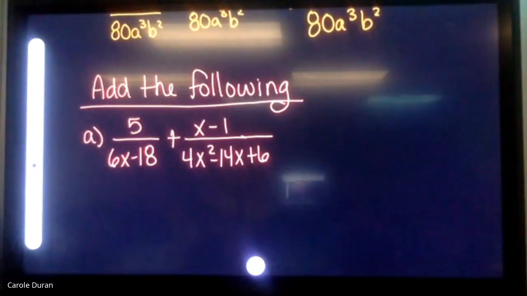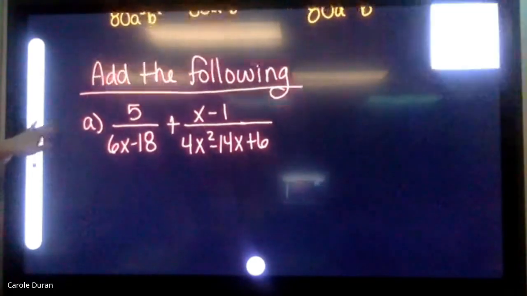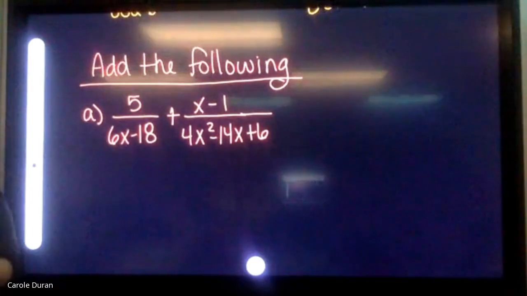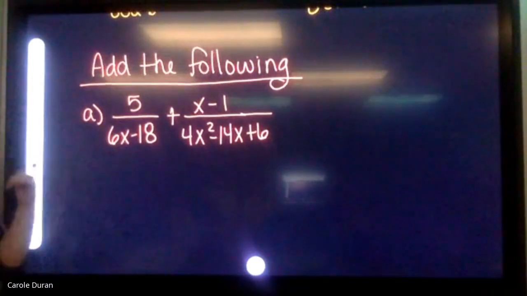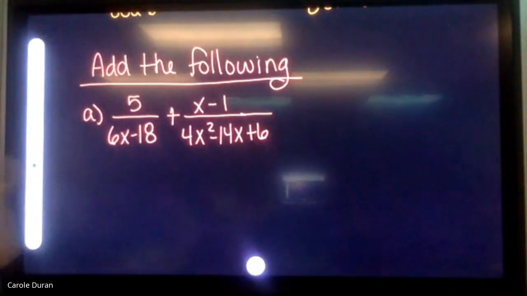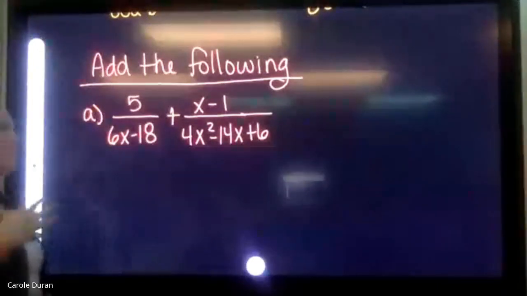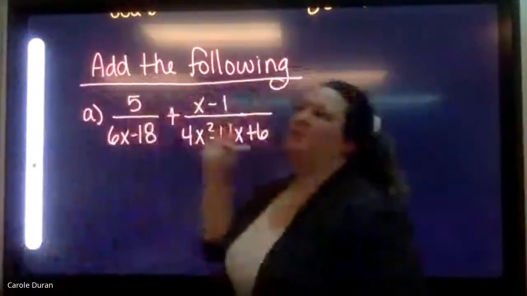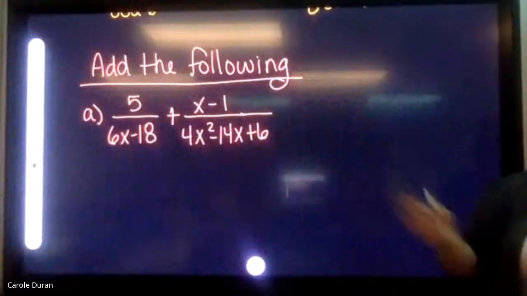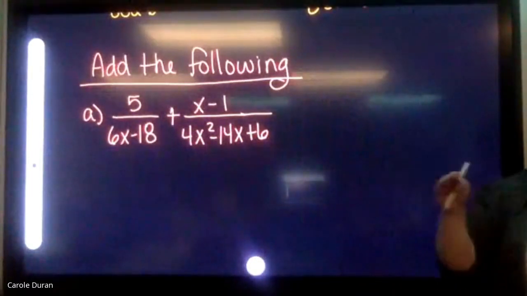Just like on the previous problems, I'm going to break the denominators down. But instead of finding multiple numbers that create a number, we're going to look at factors that create a quadratic. I'm going to pull out a common factor, break it down to see what they have in common, and insert whatever they need to be the same.